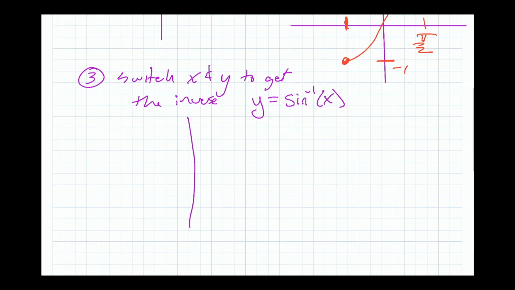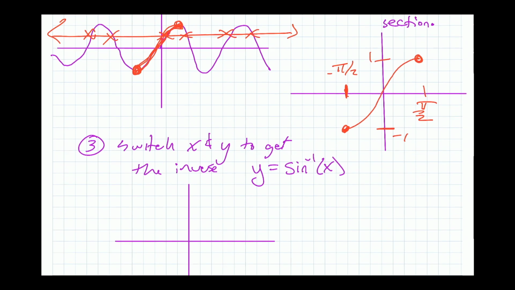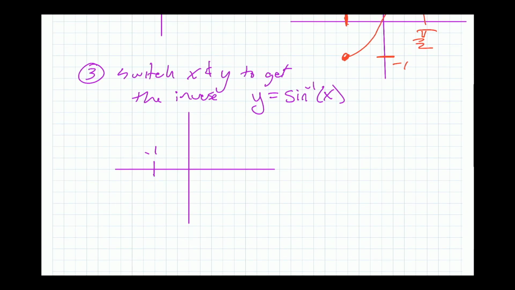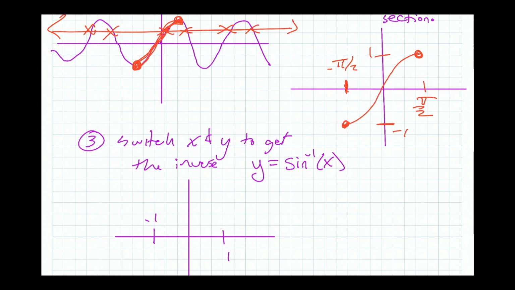What's it look like? Well, switch the x and the y values. So instead of y going from negative 1 to 1, it's going to be x. So we're going to go negative 1 to 1. And then previously we had negative pi over 2 to pi over 2 on the x-axis.